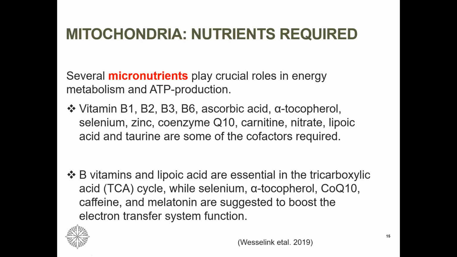Selenium, as you would have guessed, is because it is anti-inflammatory. It is supporting glutathione, which is the major antioxidant for the ETC pathways. Now there is something written in the second dot point. Melatonin. Where does melatonin come in here?